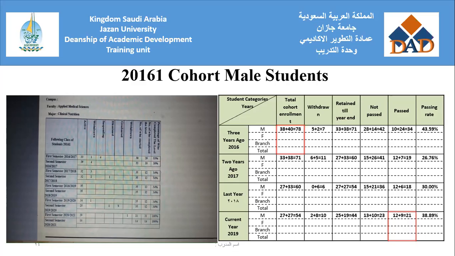So out of 71 students, if you observe here, the number of students who completed the level: 20 students completed in the first semester and 10 students completed in the second semester.